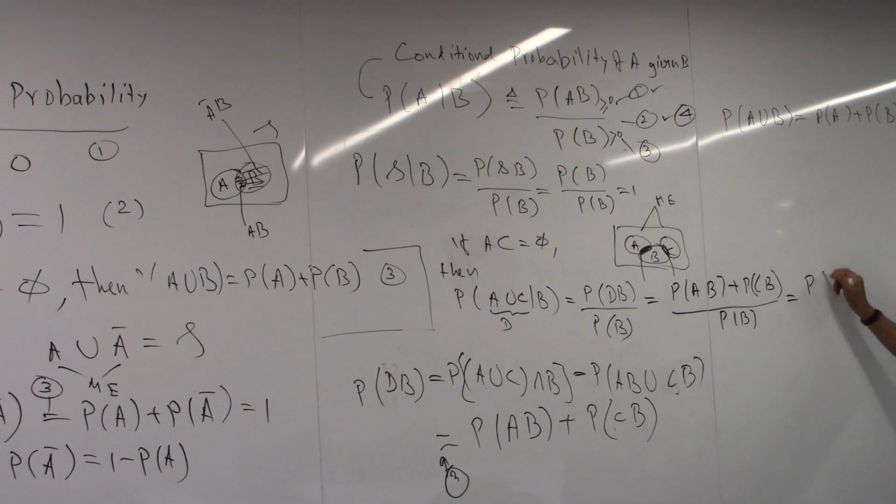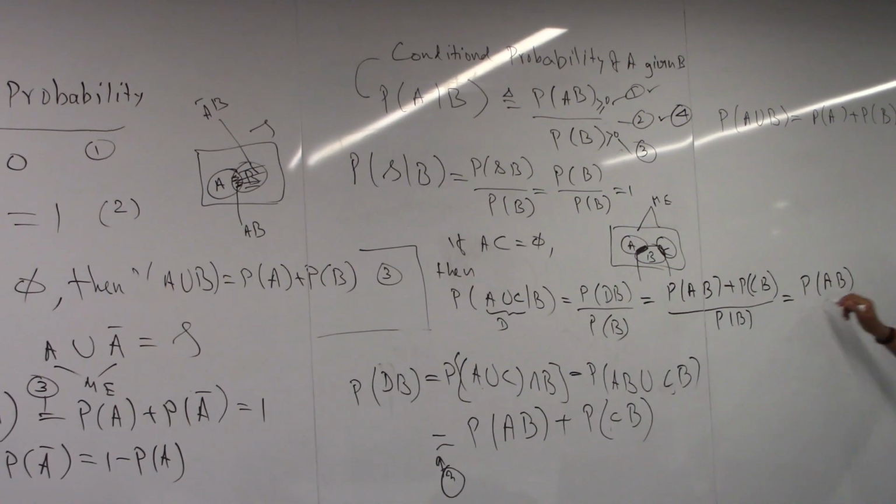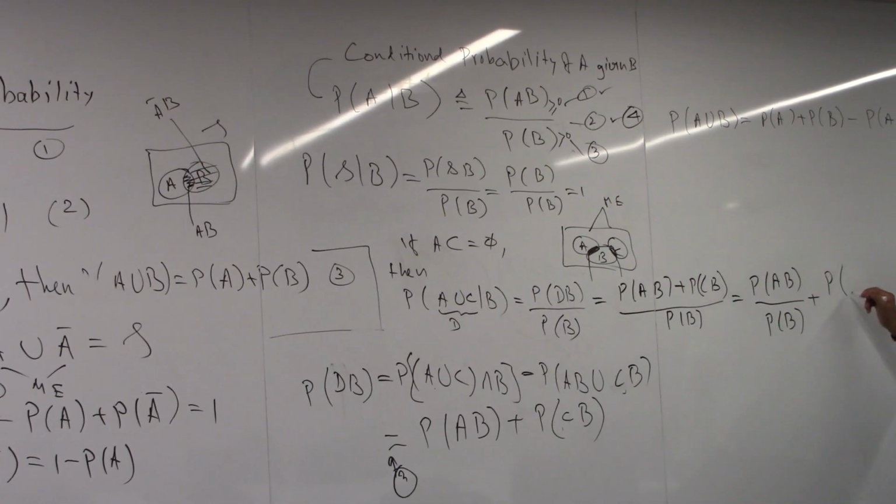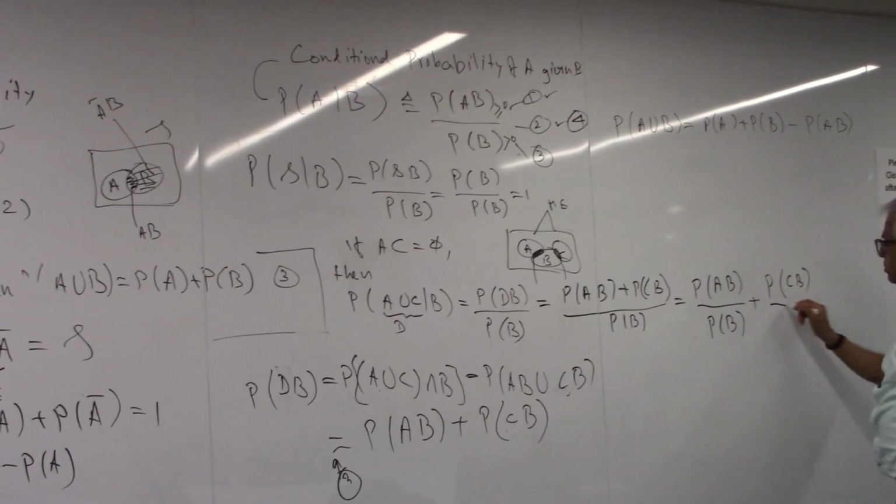I can write this as P(AB) divided by P(B) plus P(CB) divided by P(B).